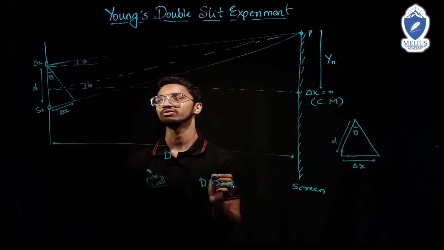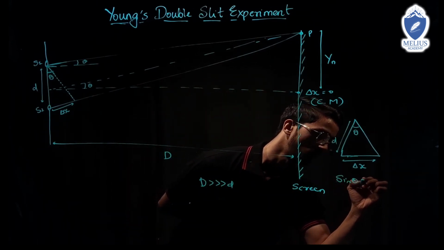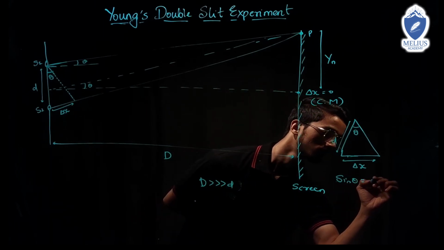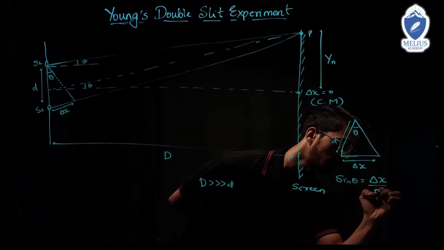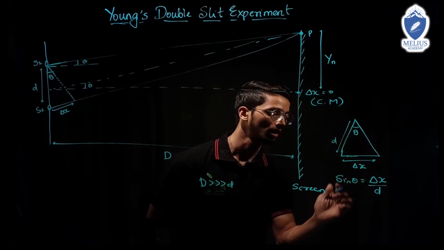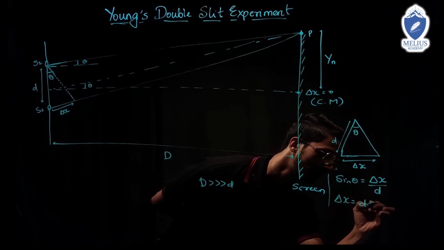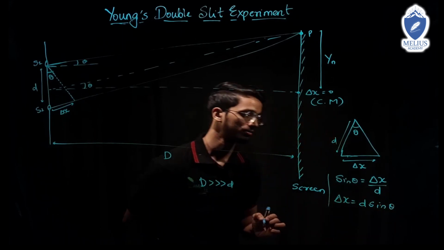What will be sine theta from here? Sine theta will be equal to delta x by d, right? Opposite by hypotenuse. From here, delta x will be equal to d sine theta.